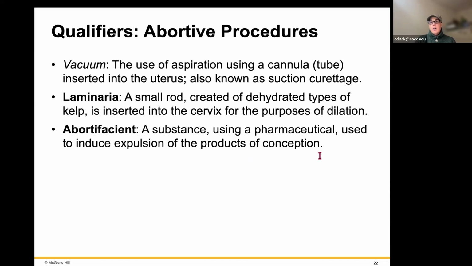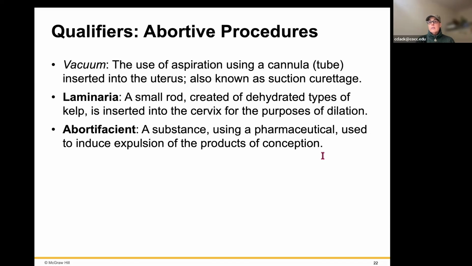These definitions are common OB procedure terms you're also going to see in documentation. Some of the abortive procedures we see are vacuum or suction curettage. The provider uses aspiration with a cannula inserted into the uterus to remove the products of conception. Documentation may say suction D&C, vacuum, aspiration, or suction curettage.